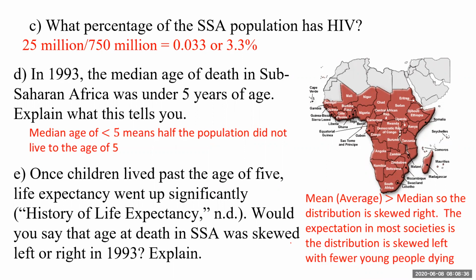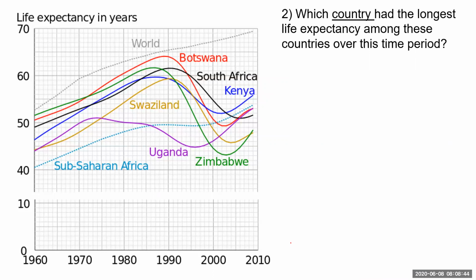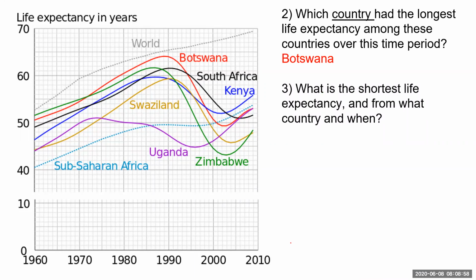Okay, and now let's see how we can use life expectancy in years for sub-Saharan Africa. Which country had the longest life expectancy, the shortest?